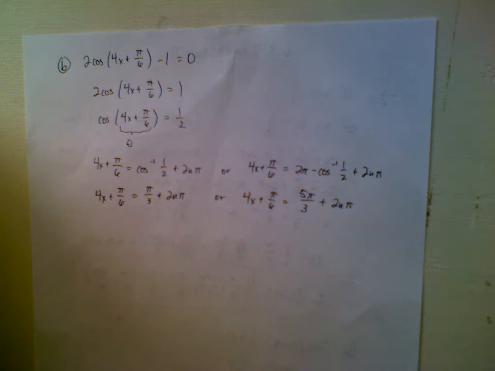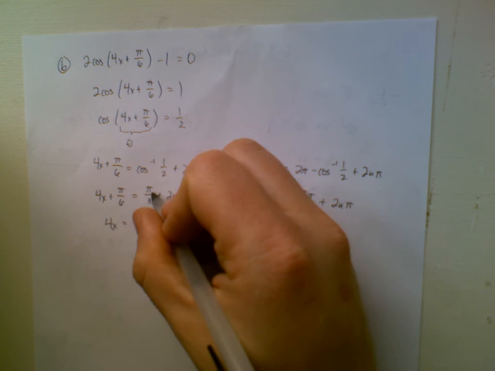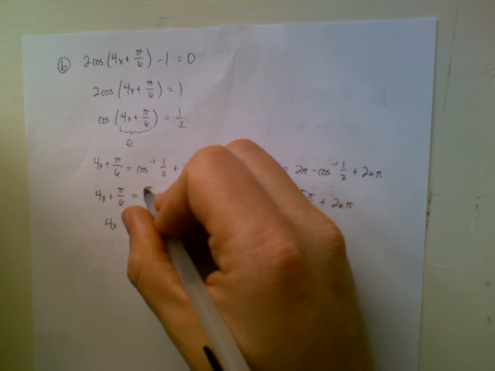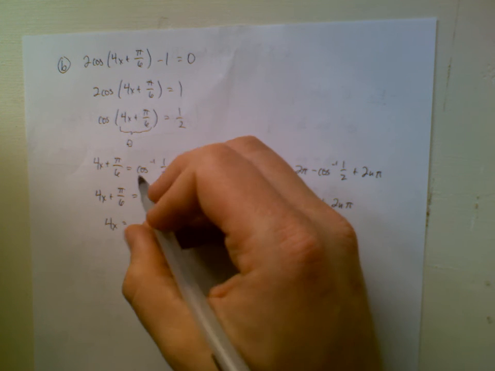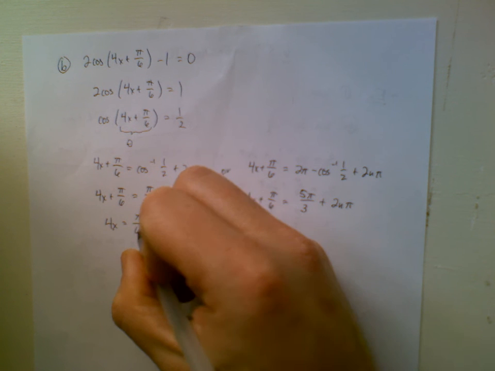Okay, now of course we're not quite done. Our goal is to solve for x. So we need to subtract π/6. π/3 minus π/6 would be, well, π/3 is 2π/6, right? So we have 2π/6 minus π/6. That should be π/6.